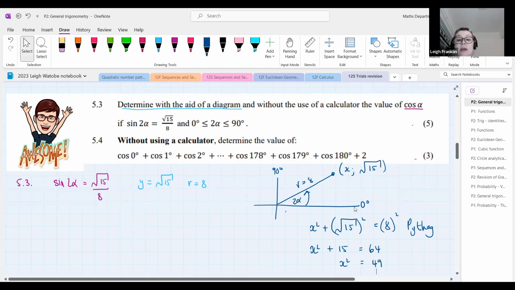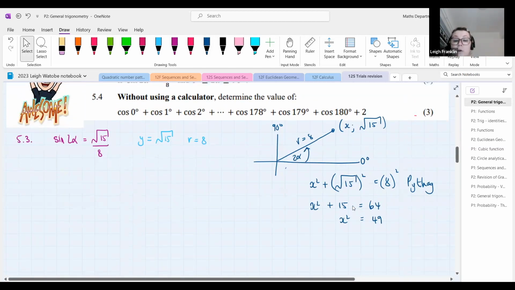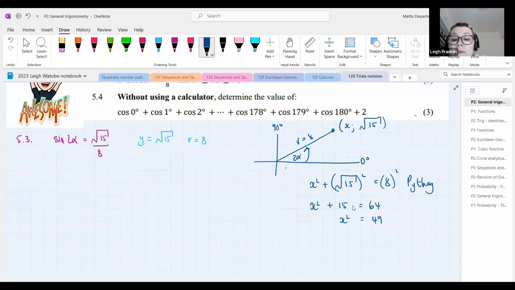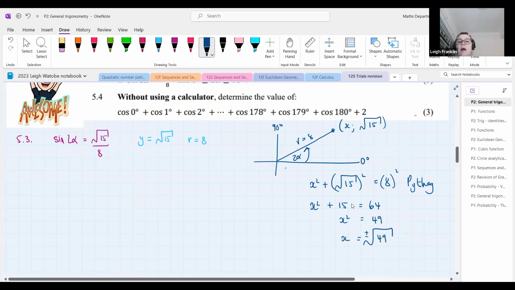And now we need to be careful. We're working in the first quadrant. So when we take the square root, we always have to be aware of which quadrant we're working in, but because we are working in the first quadrant, x would be equal to +7 instead of -7.